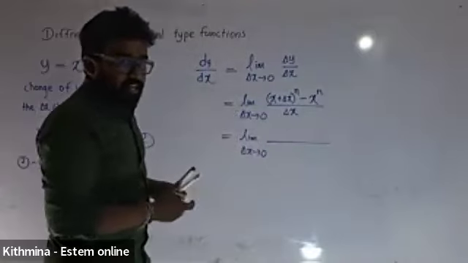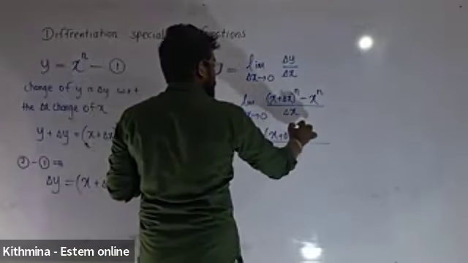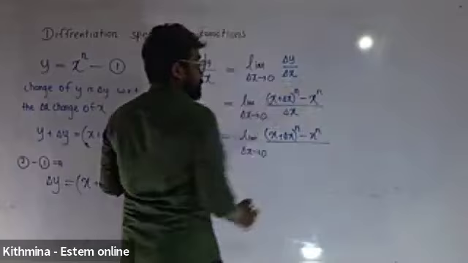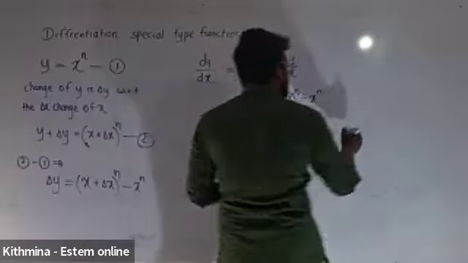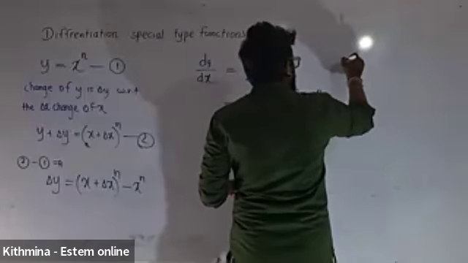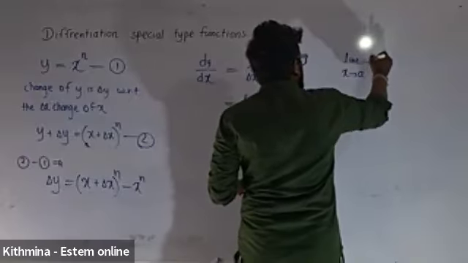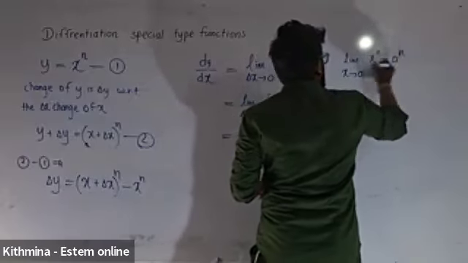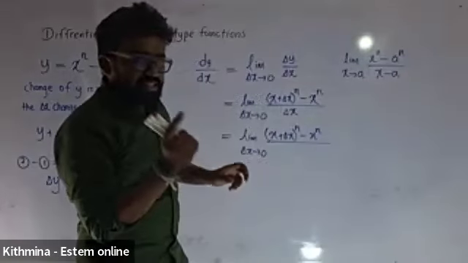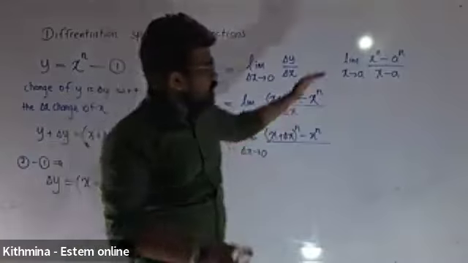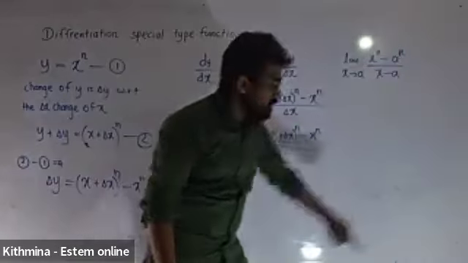And remember these special techniques. (x plus delta x) to the n minus x to the n. I am going to apply the special theorem we learned about. The theorem is, we know limit x to a of (x^n minus a^n) over (x minus a). Now the pattern goes according to the numerator x^n minus a^n.